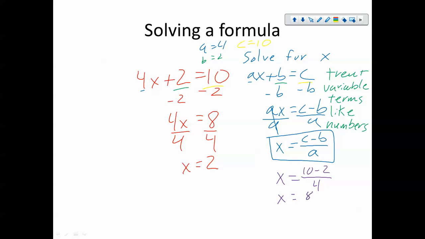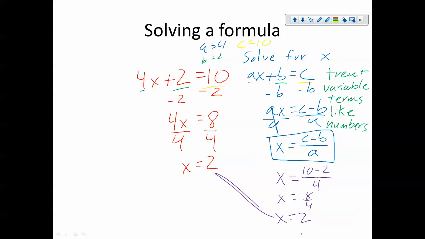You'd get x equals 8 over 4, x equals 2. Notice that you get the same thing, right? In fact, we got it the same way. Look, we did 10 minus 2 first, and then we divided by 4, which is exactly what we did here. 10 minus 2 divided by 4, we got the 2. Solving for this particular variable allowed us to be able to do that in this manner, okay?